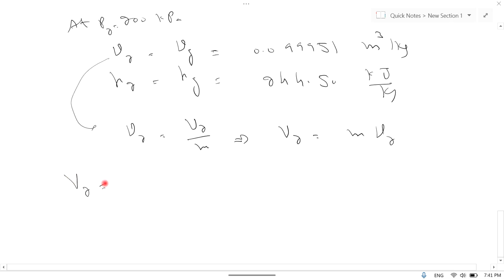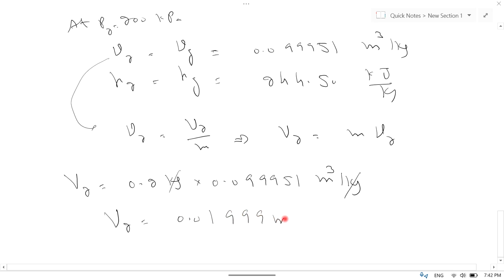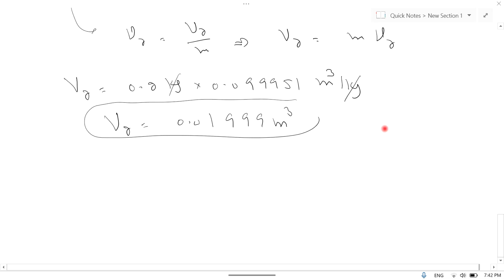So V2 is equal to mass, which is given to us as 0.2 kilogram, and specific volume is 0.09951 meter cube per kg. Kilogram will be cancelled with kilogram. So total final volume is 0.01999 meter cube.